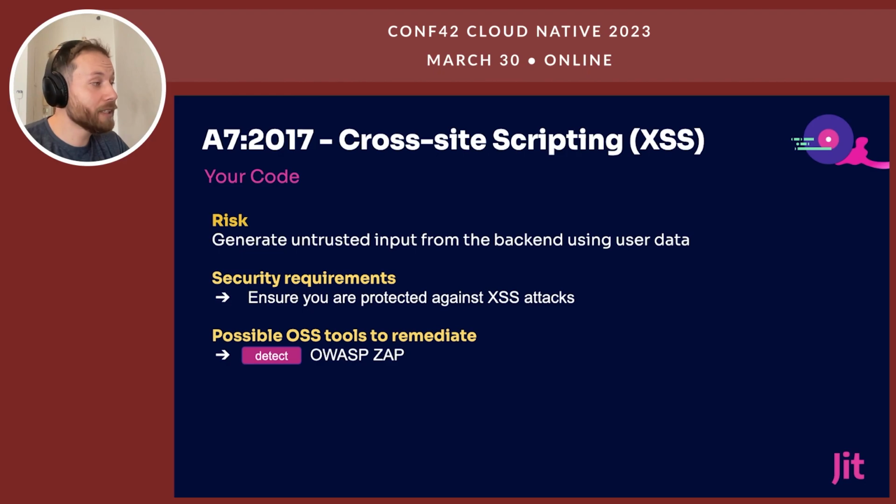Same goes for XSS. You could use OWASP ZAP in order to find anything that is related to your API or to your web application. It's going to use a wide variety of tests and inputs in order to try to break the application to find these vulnerabilities.